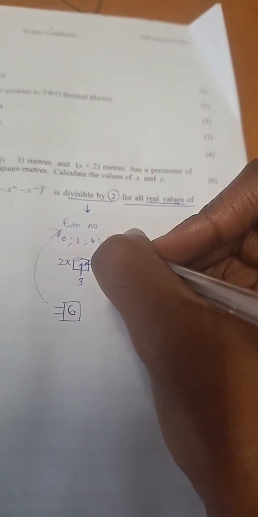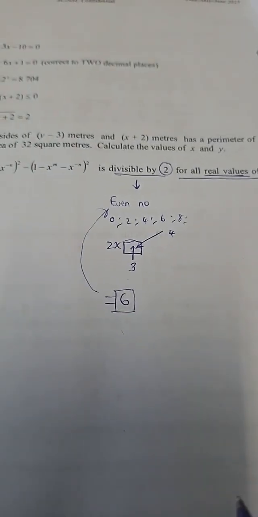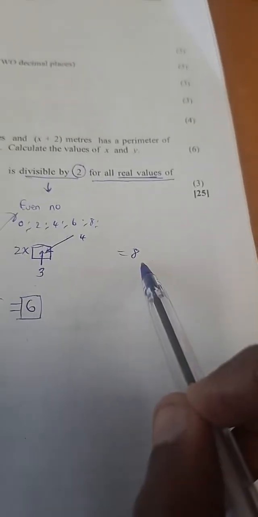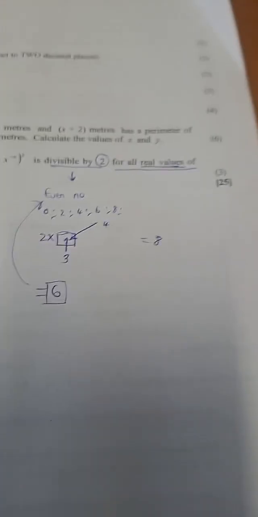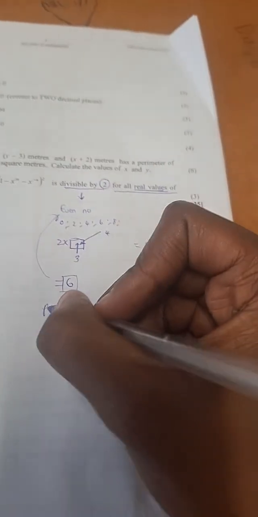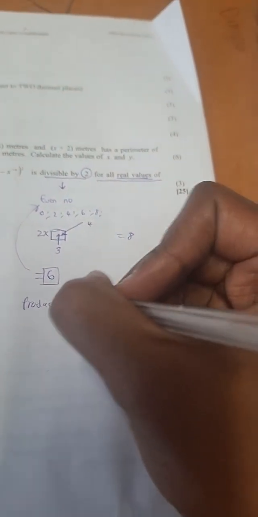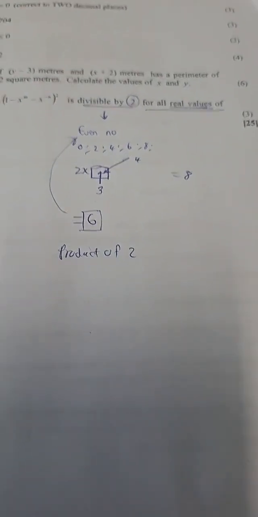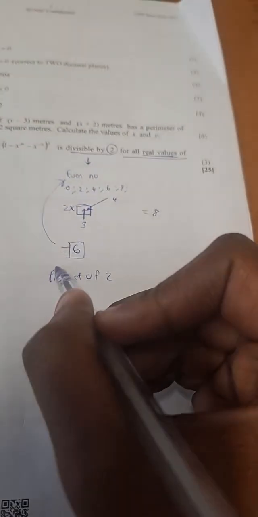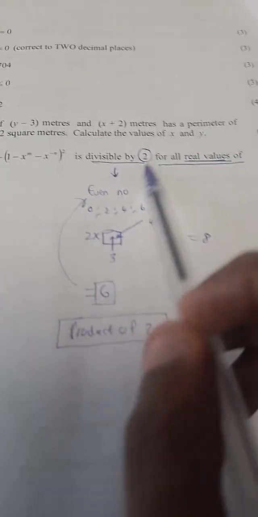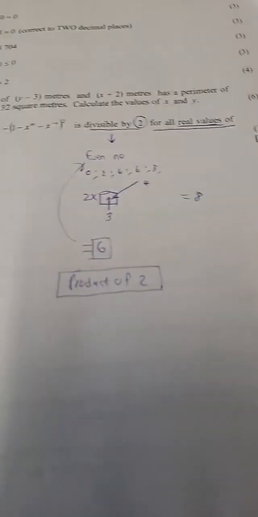Let's say that thing is an even number like 4. 2 times 4 is 8, which is also divisible by 2. So as long as we have something that is a product of 2 with something else, then we can clearly say without question that that particular thing is divisible by 2.